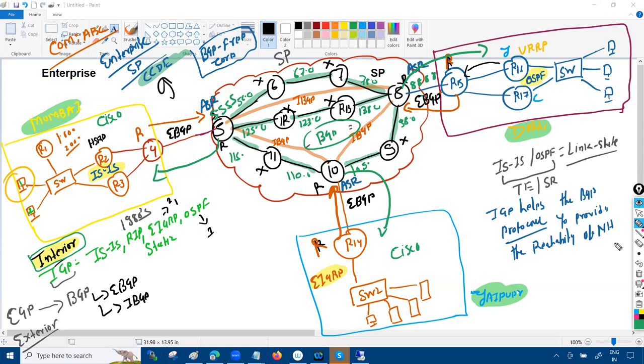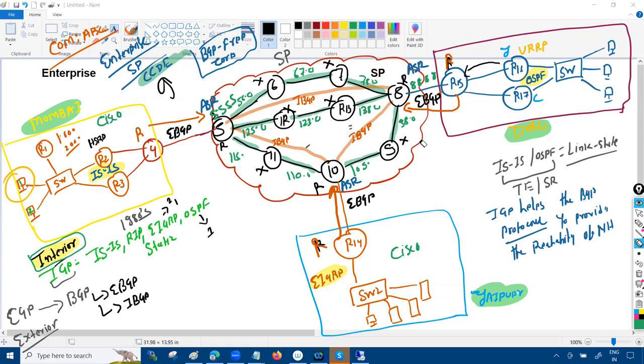That's why it is not recommended to advertise these routes into BGP. It is recommended to run the IGP protocol inside the service provider network, so that these routes cannot go to the customer side.